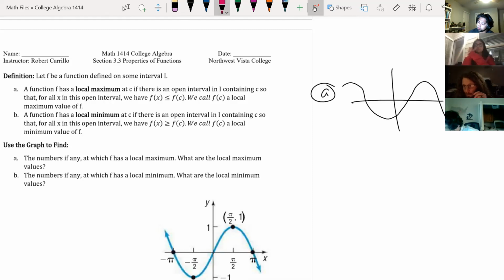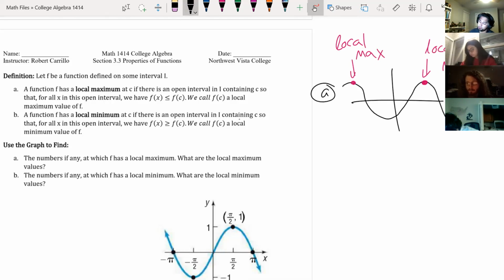This point, and actually this point, would be considered local maximums. So it's just a local high point on a function. And it's where the graph changes direction.